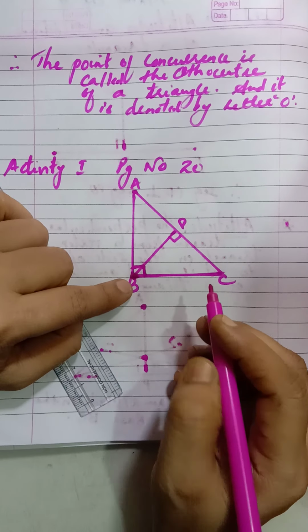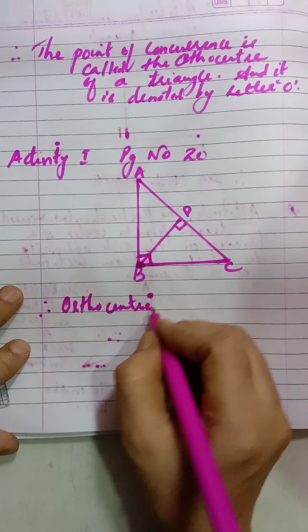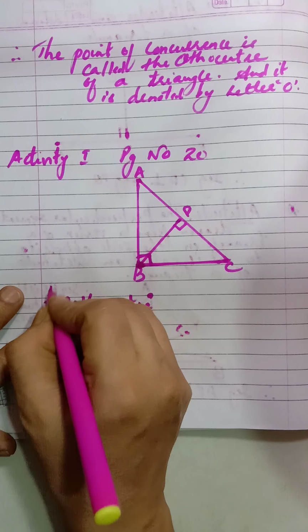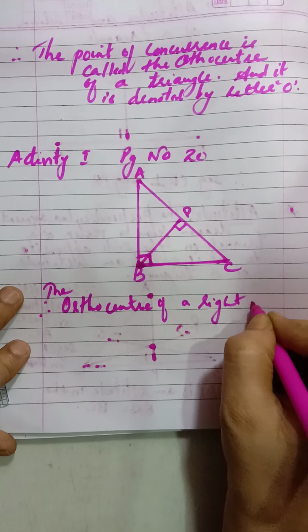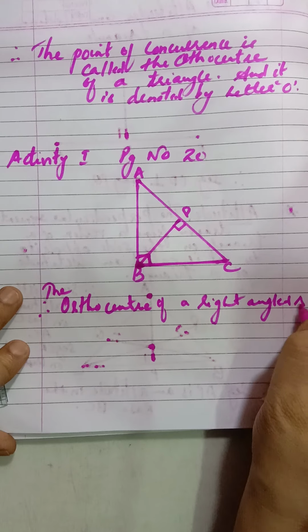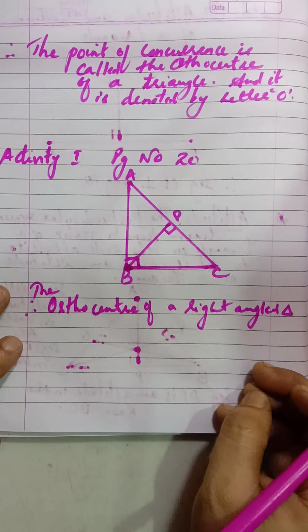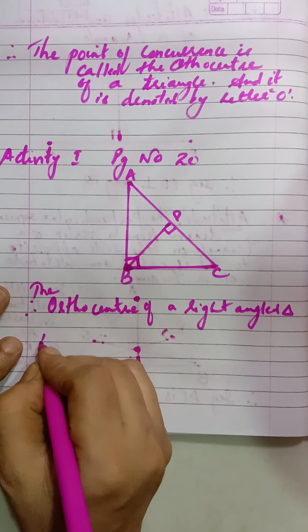The orthocenter of a right angle triangle is the vertex of the right angle, children, therefore we will write: the orthocenter of a right angle triangle is the vertex of the right angle triangle. Clear?